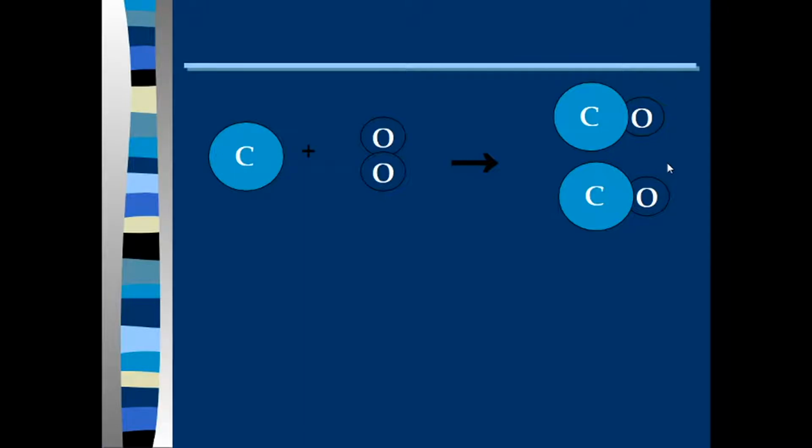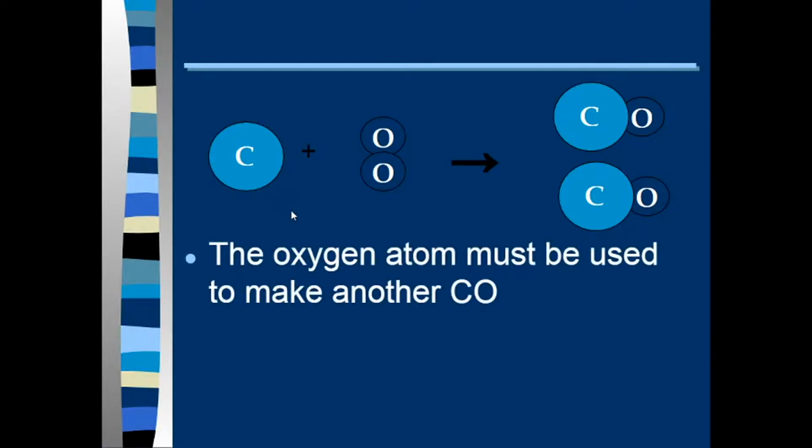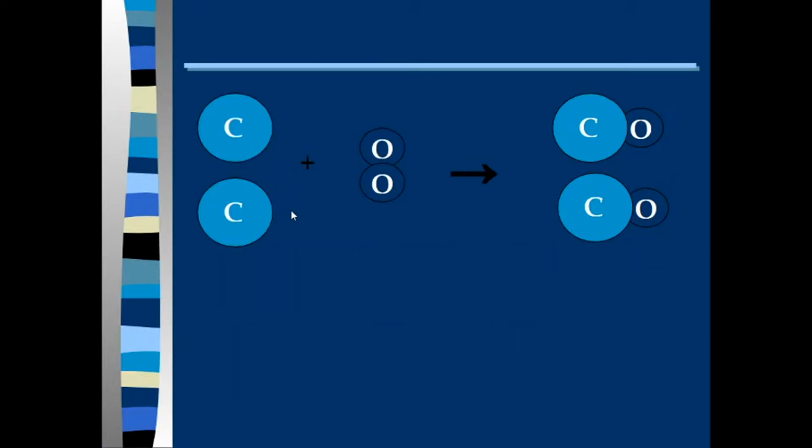So this balanced equation would require that I need to make 2 molecules of carbon monoxide. And so now my number of oxygens is correct. I have 2 oxygens on the right and I have 2 oxygens on the left. But now I have 2 carbon atoms on the right, and I only have 1 carbon atom on the left. But I can just solve that problem by bringing in another carbon atom.